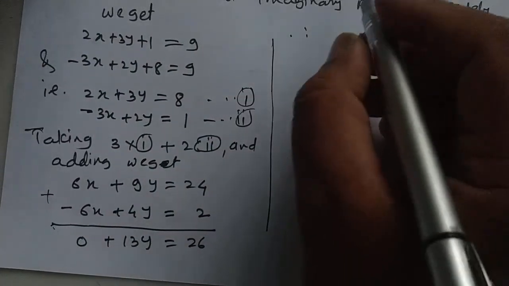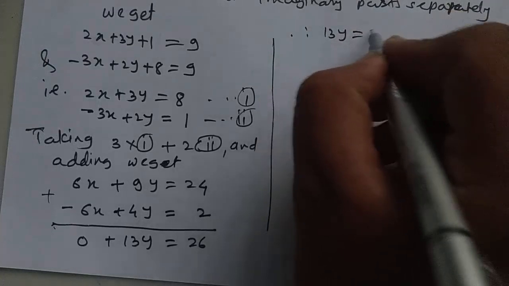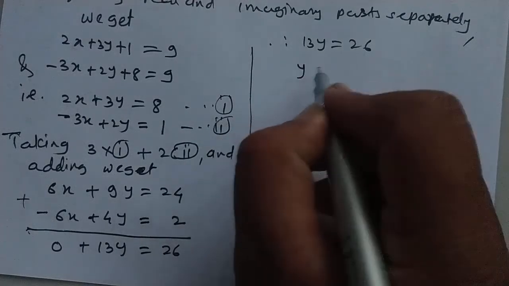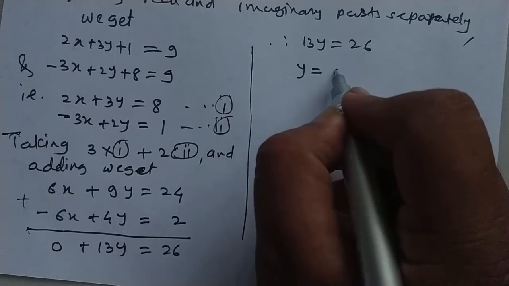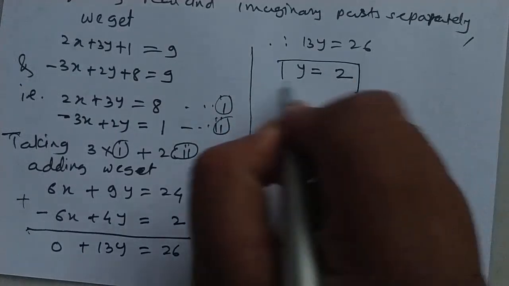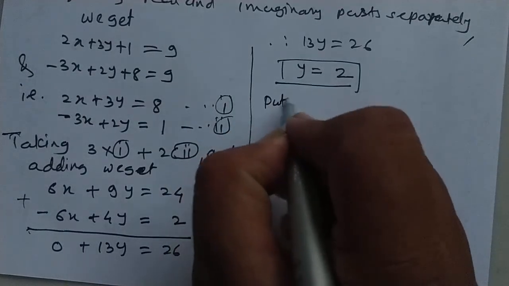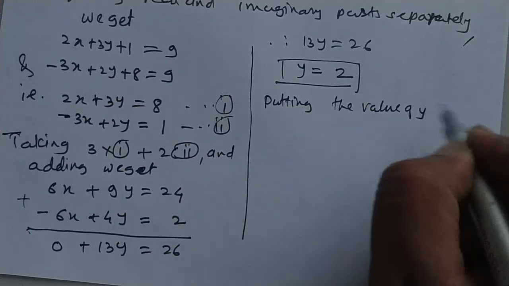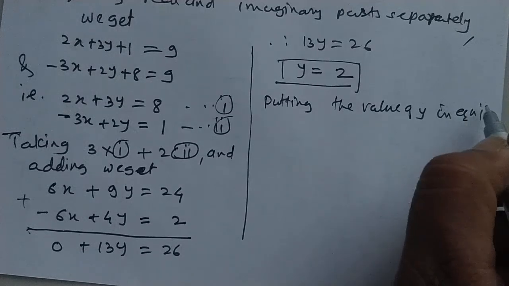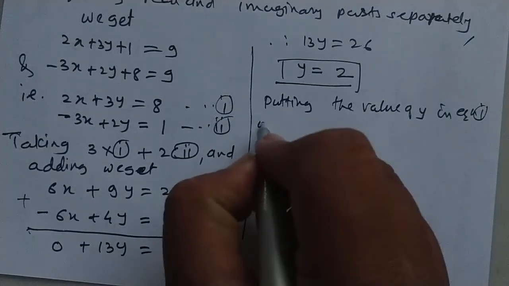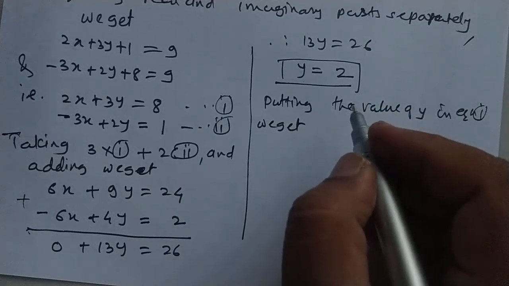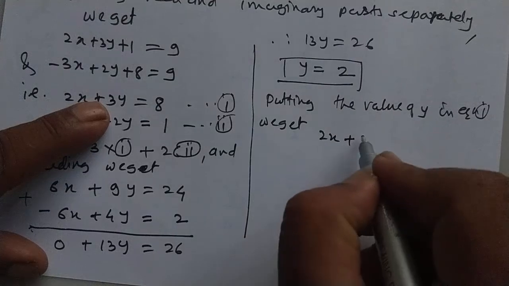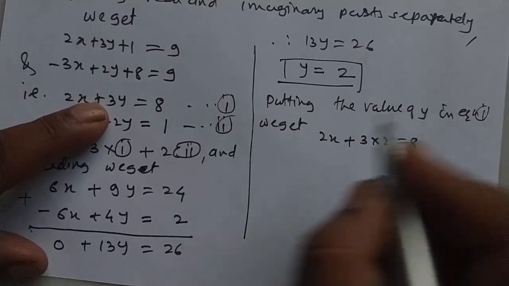Therefore, 13y is equal to 26. Dividing by 13, we get y is equal to 2. So, this is the value of y. Putting the value of y in equation 1, we get 2x plus 3 into 2 is equal to 8.